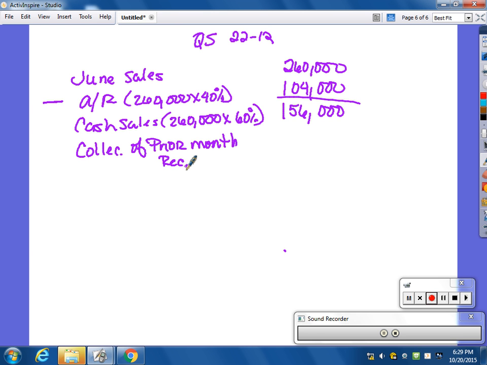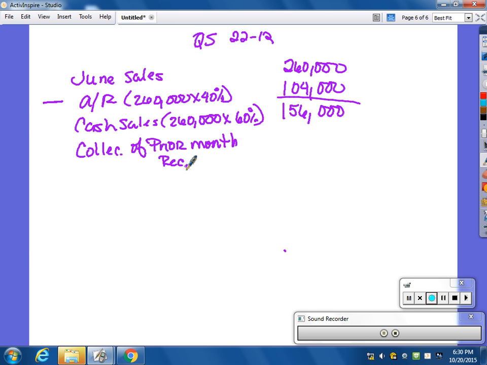It says in May, that was $250,000. Customers pay the month following the sale. So collections of prior month, we're going by 10. 250,000, and that would be the sales for what? For May.